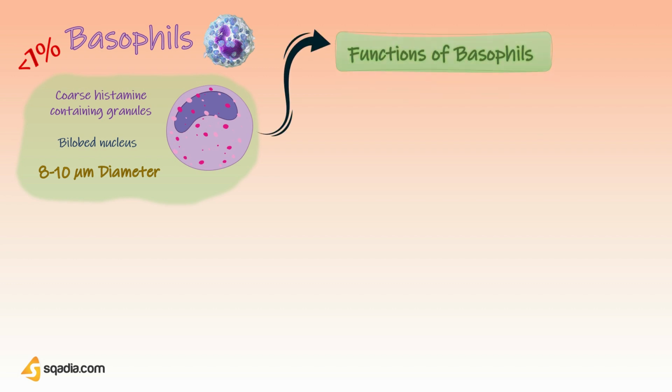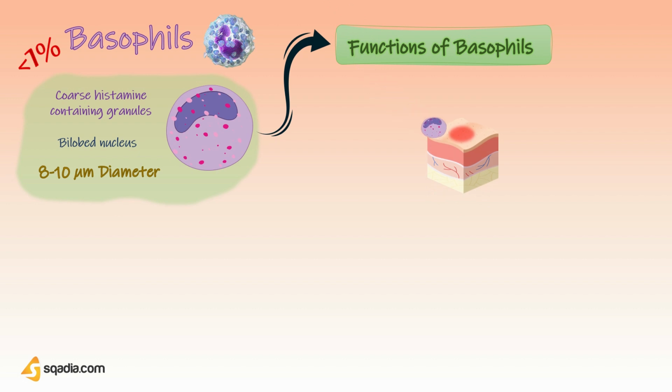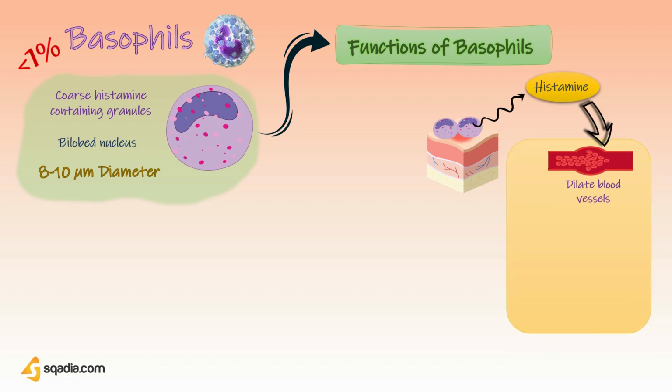As for their function, they migrate to sites of injury and cross the capillary endothelium to accumulate in the damaged tissues, where they release the inflammatory chemical histamine, which dilates blood vessels. Histamine also attracts other WBCs to areas of inflammation.